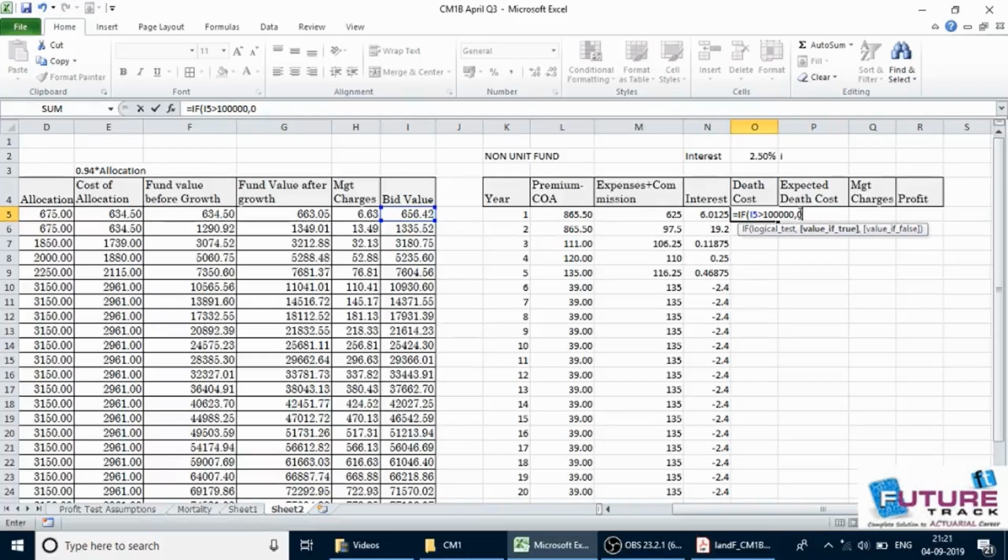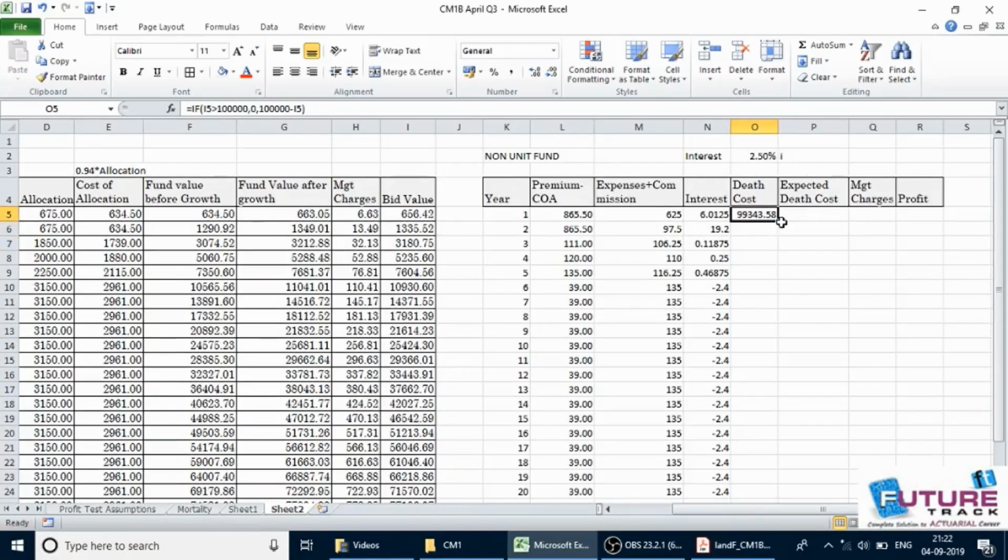There is no need to pay by the company. But if it is false, then whatever the difference, that is 1 lakh minus this bid value, is the cost paid by whom? Paid by the company. So see, this 99343.58 is the cost to the company.